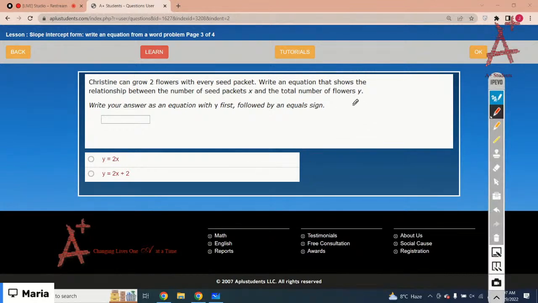So when the seed pack is 1, she can grow 2 times 1 flowers. When she has 2 seed packs, she can grow 2 times 2 flowers. With 3 seed packs, she can grow 2 times 3. So when you have x seed packets, she can grow 2 times x flowers. So the equation is y equals 2x.